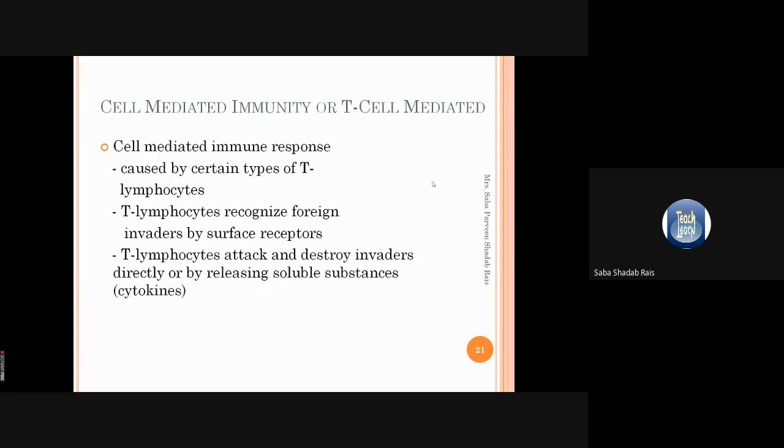So, what is the major function of the T killer cells? T killer cells activate the destruction. They recognize and destroy infected cells. If a cell is infected by a virus or is transformed, it can be killed by the T killer cells.